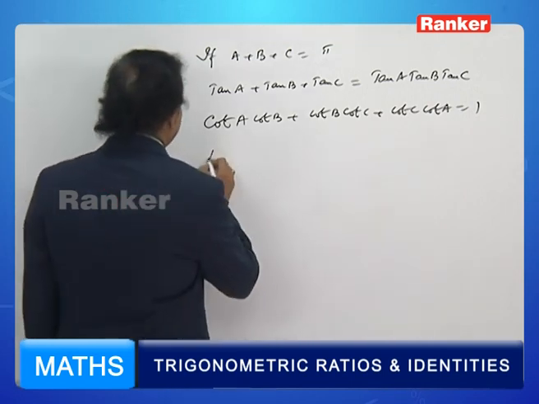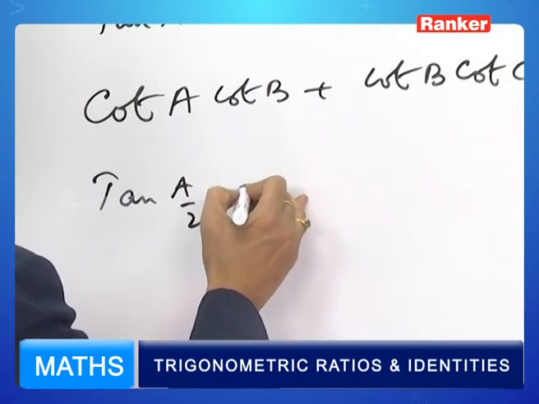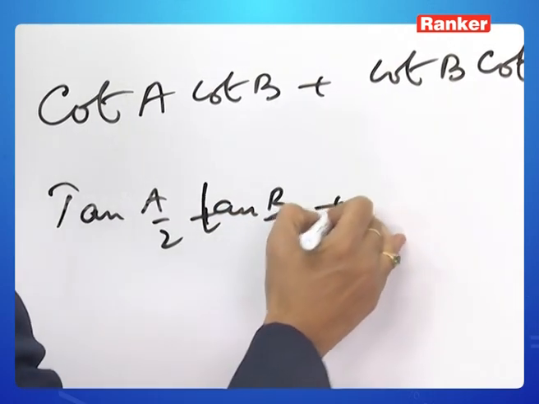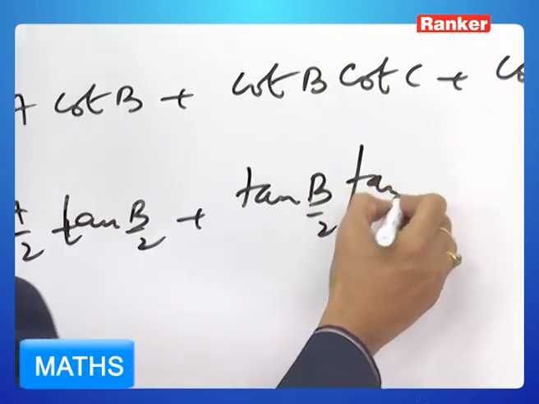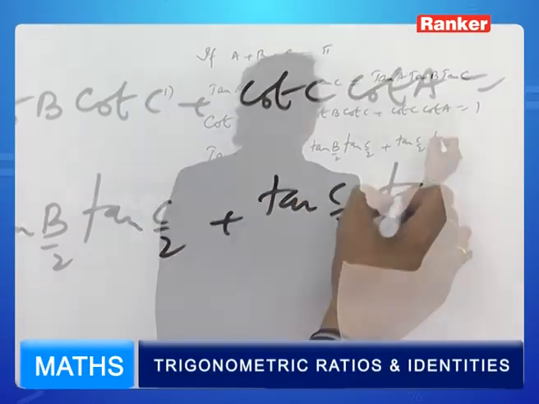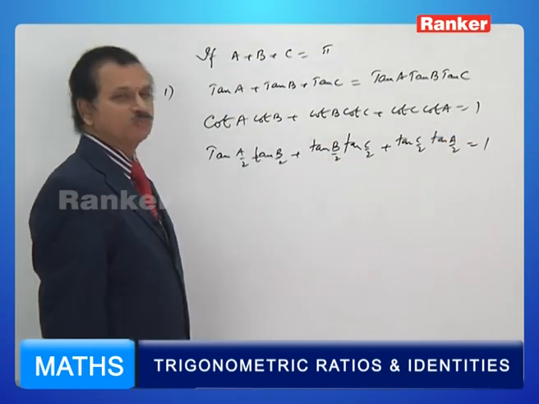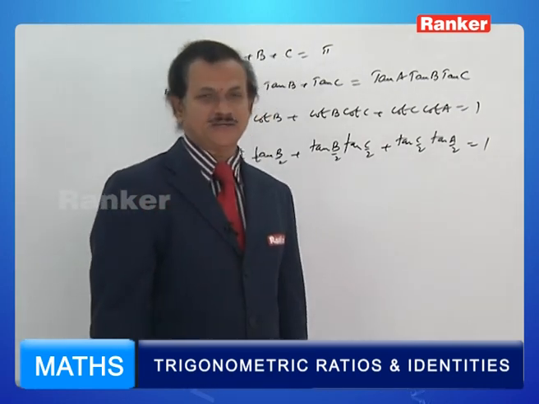Similarly, tan a by 2 into tan b by 2 plus tan b by 2 into tan c by 2 plus tan c by 2 into tan a by 2 is equal to 1. If a plus b plus c is 180 degrees, then a by 2 plus b by 2 plus c by 2 is 90 degrees.